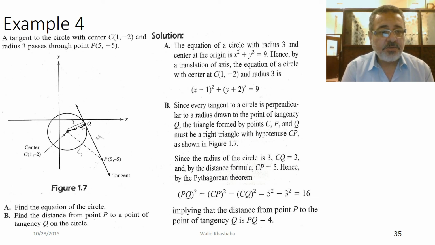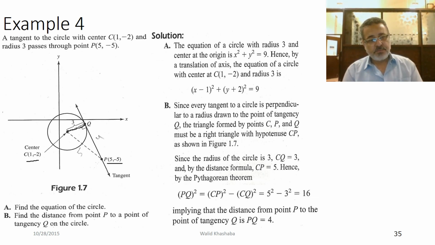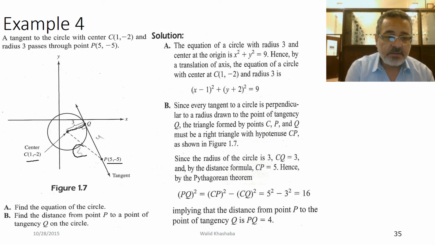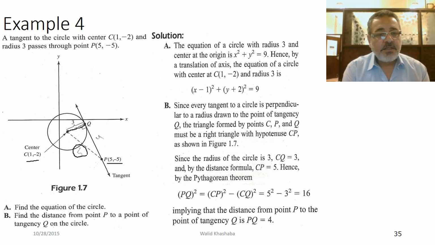And the distance between 1, negative 2 and 5, negative 5, using the ordinary rule, which is the square root of x2 minus x1 whole squared plus y2 minus y1 whole squared, we can find that the length of this side is 5. Then, using the very famous triangle of Pythagoras, it's going to be 5 squared minus 3 squared, which is 4. That's it.